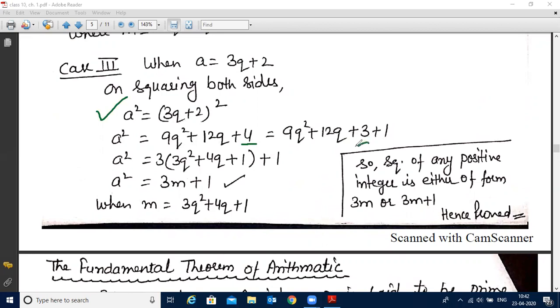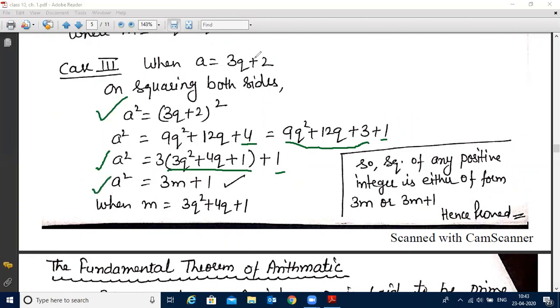So that we can take out 3 as common in the next step from the first 3 terms. Now it will become a square is equal to 3 into 3q square plus 4q plus 1, plus 1. Plus 1 we have written as it is. Now let us assume that this portion, 3q square plus 4q plus 1, is again m. So now a square is equal to 3m plus 1.